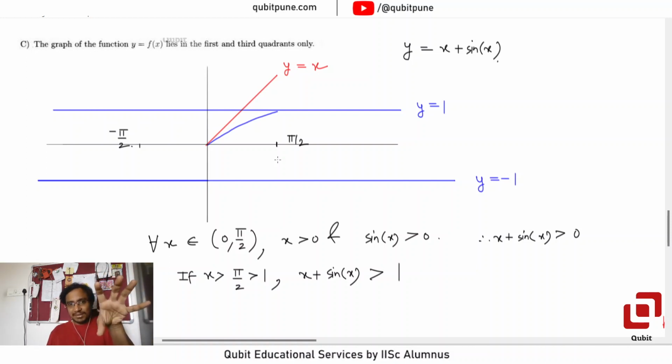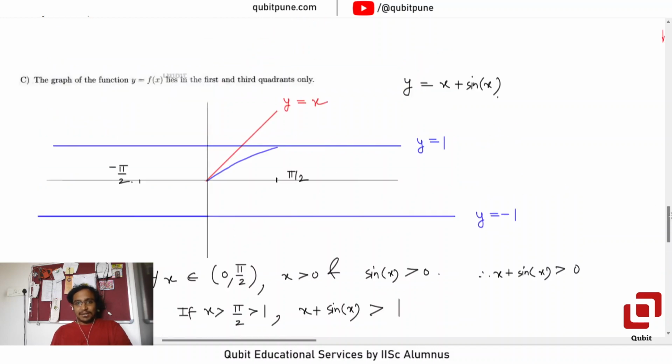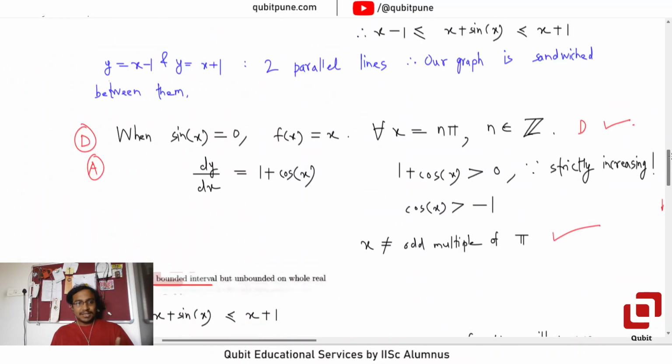So if you follow this and use the fact that x and sin x are odd, f of negative x is negative f of x, and therefore it lies entirely in the first and the third quadrants. Understood. So all options are correct.